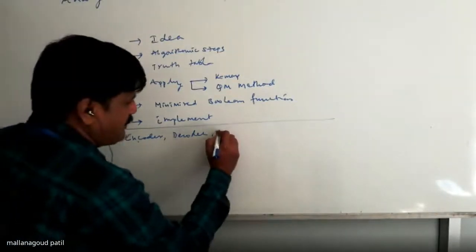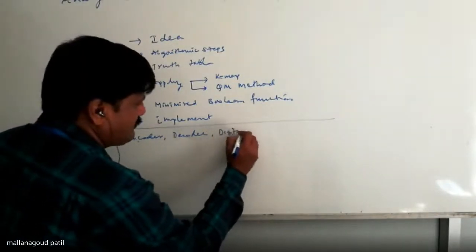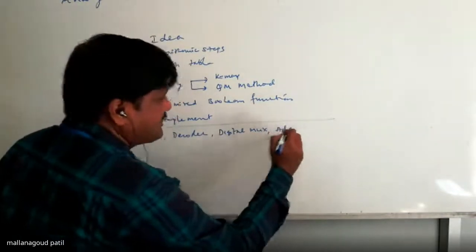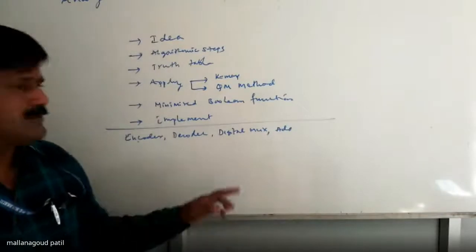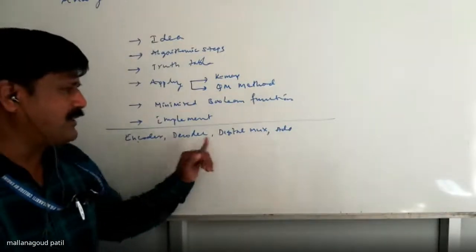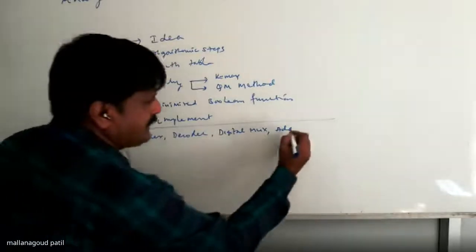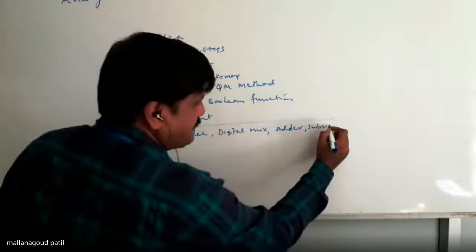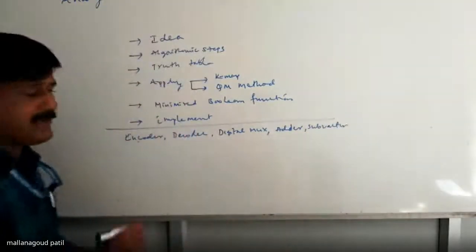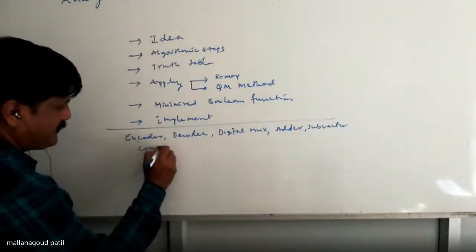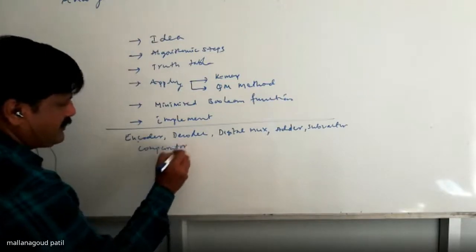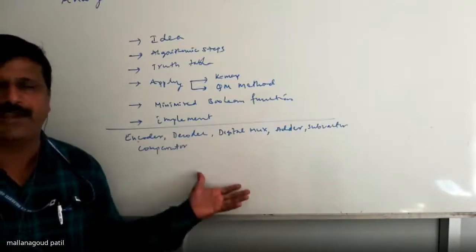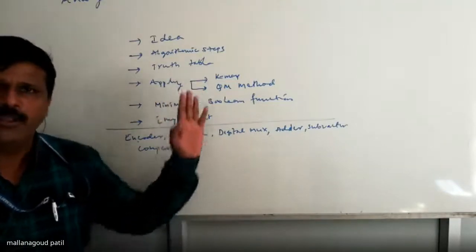Then you have a digital multiplexer, adder, subtractor, then comparator. This is in the syllabus. These are all readily available hardware; how to design and implement them, you will be studying in module 2.